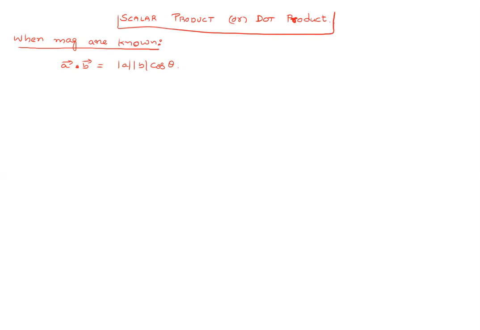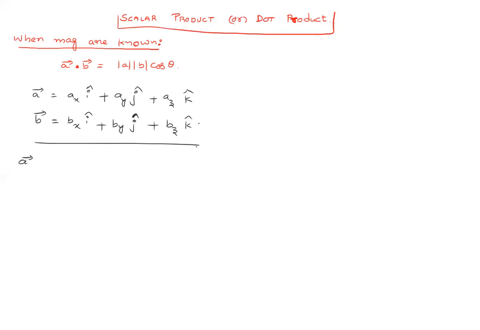Here, if a bar is ax i cap plus ay j cap plus az k cap, and b bar is bx i cap plus by j cap plus bz k cap, then doing dot product a bar dot b bar will give you ax bx, you multiply the corresponding x components, plus ay by, the y components, plus az into bz.